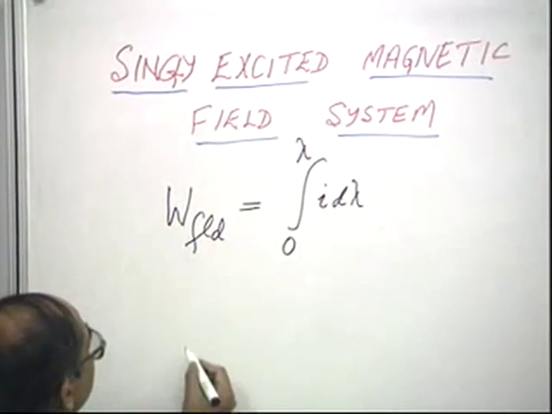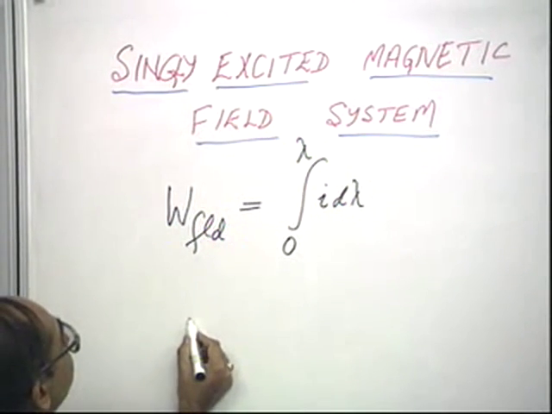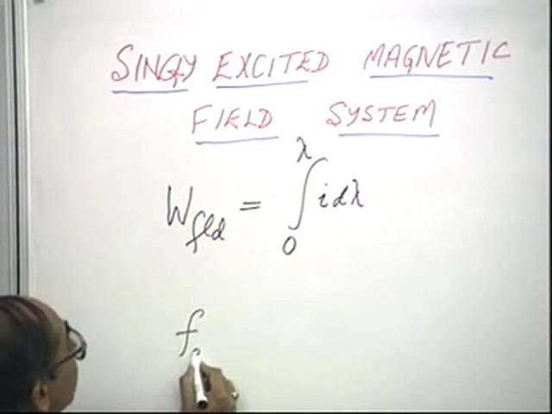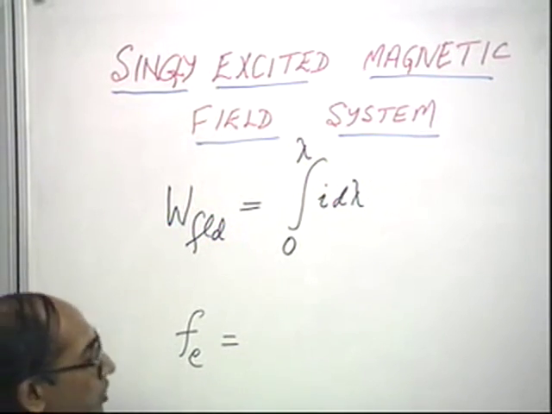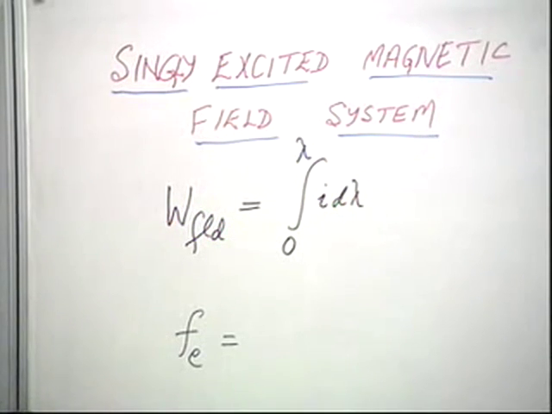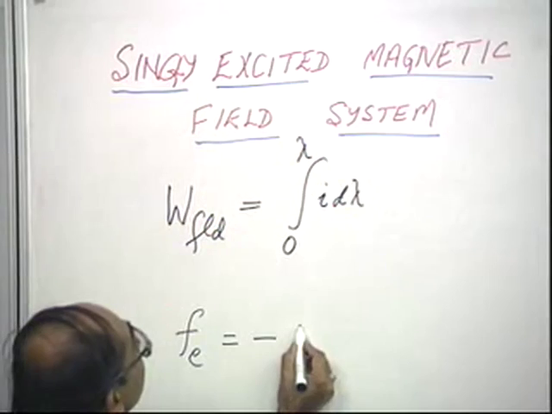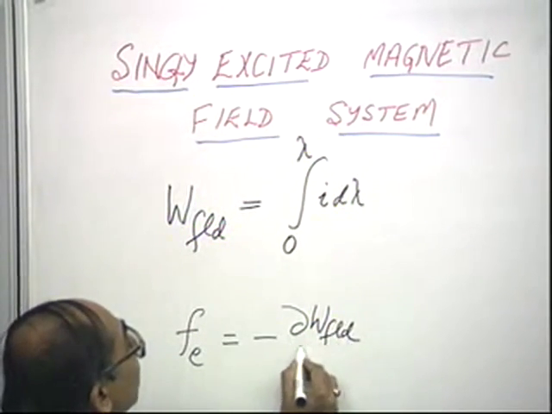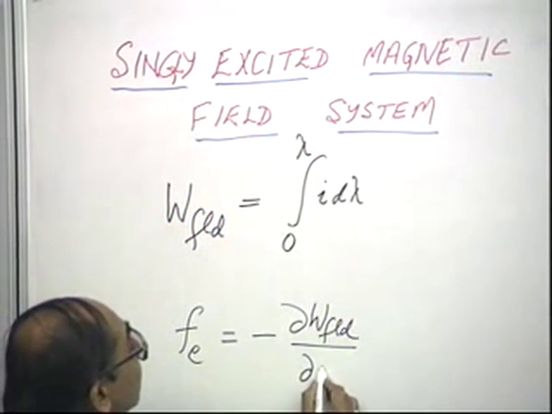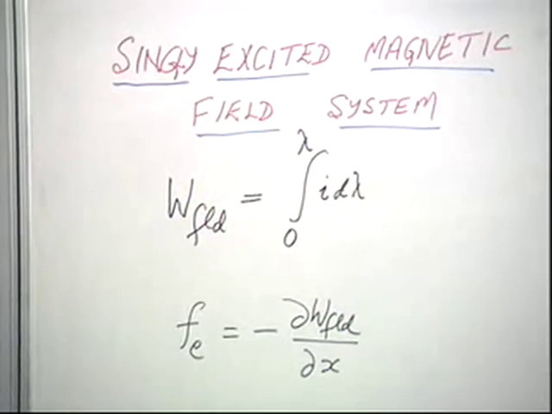And we also said that the force of electrical origin in a singly excited system is obtained as a space derivative of the stored energy, that is minus delta W field by delta x.